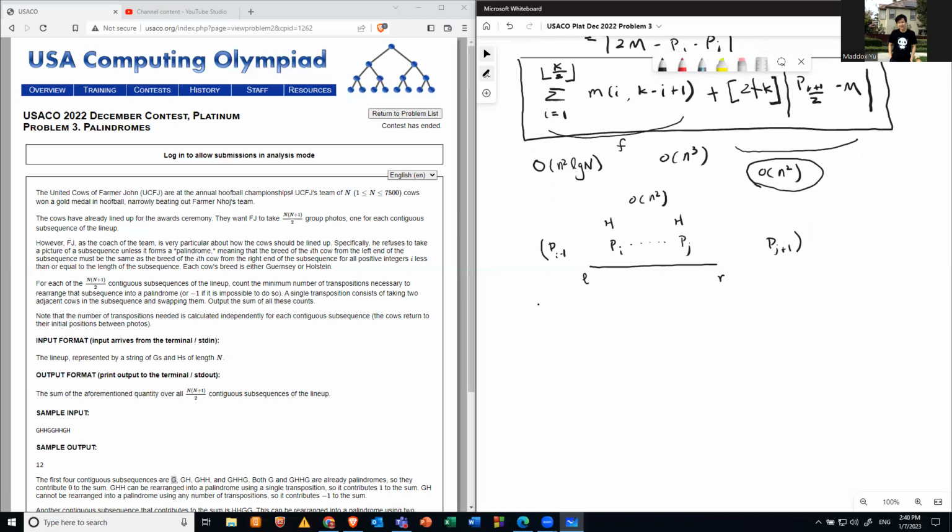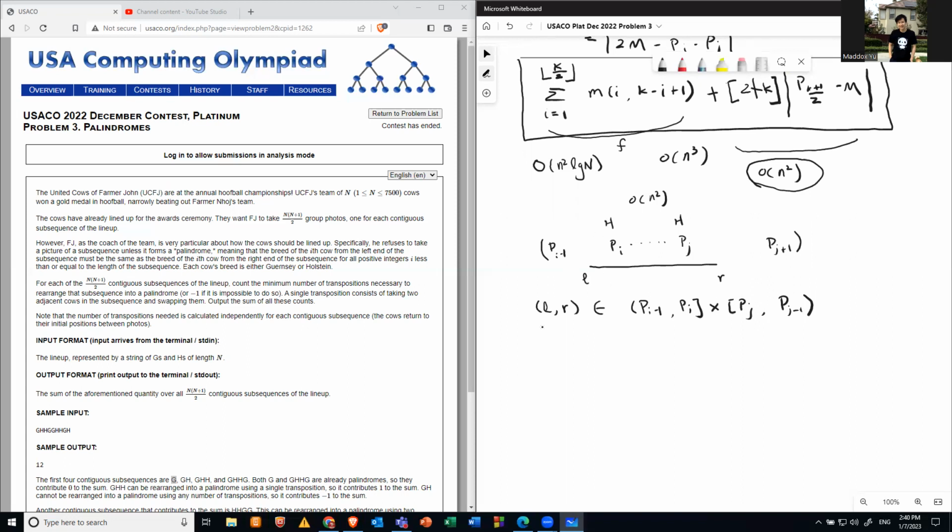If we do the sum this way, in other words, the sum of left and right that belongs to this region, P of I minus 1 to P of I to P of J to P of J plus 1, but not including P of J. If we do a sum like this, right, as we said earlier, we're not going to jump H, right?